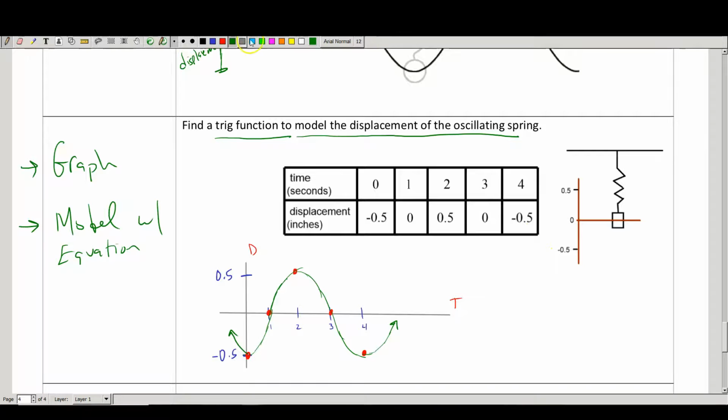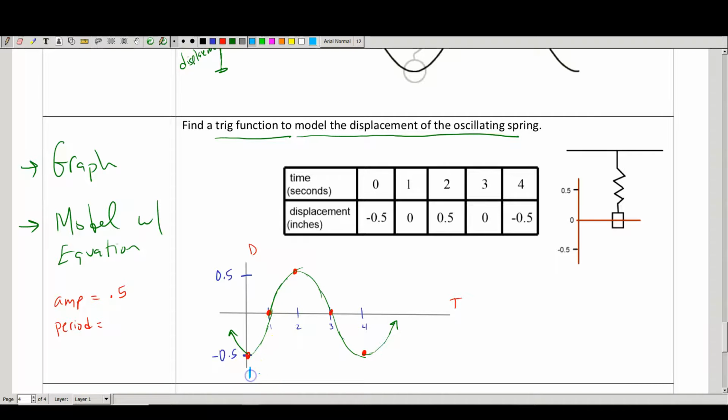Some of the other characteristics that I can see here is that the amplitude of this is 0.5, right? The period, or in this case, the time it takes to start to repeat itself, is going to be 4 seconds, right?